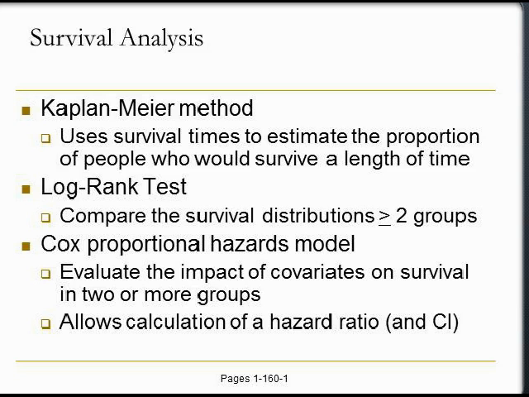One is a log rank test, which compares the survival distributions between the two or more groups that the Kaplan-Meier curve estimated. Lastly, the Cox proportional hazards model allows us to evaluate the impact of covariates, things that we think may influence survival times, on the survival in those two groups. It also allows the calculation of a hazard ratio as well as a confidence interval.